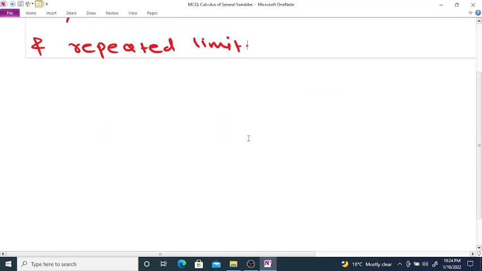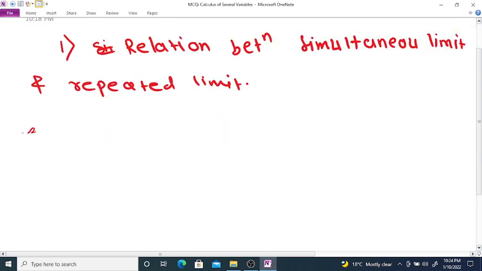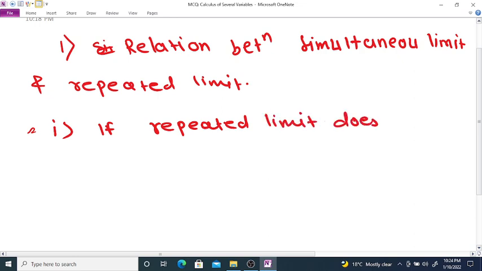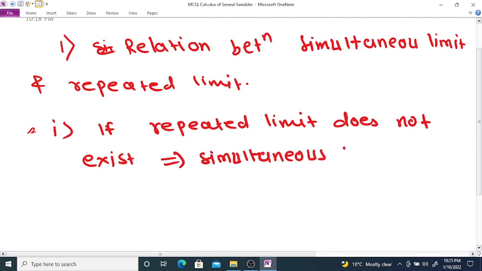Now, the first relation is: if the repeated limit does not exist, then the simultaneous limit also does not exist.